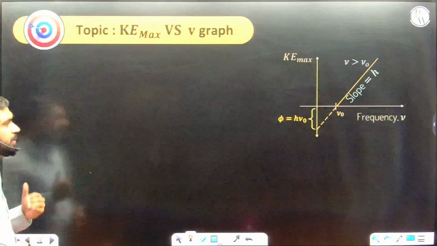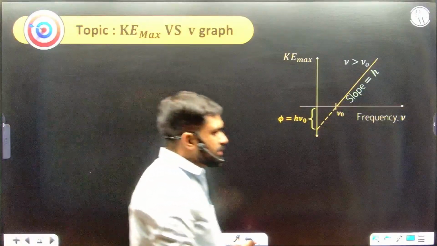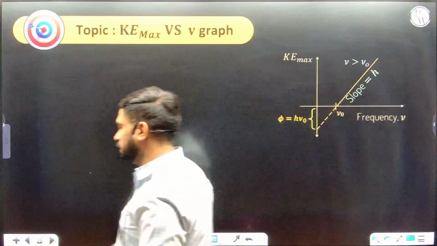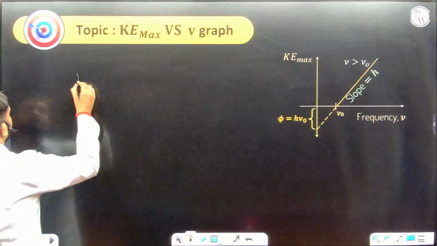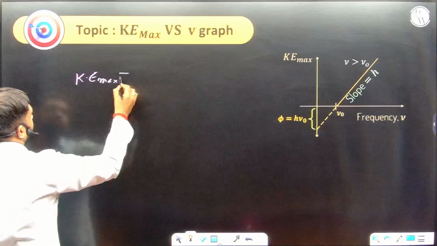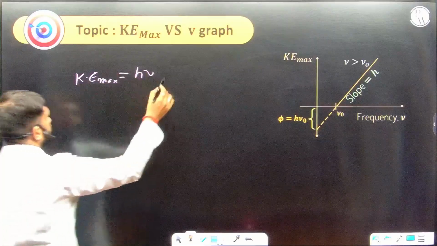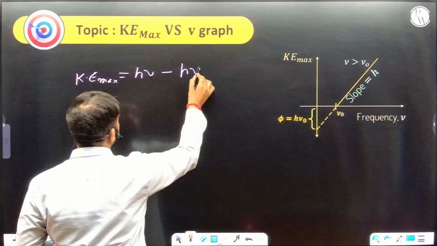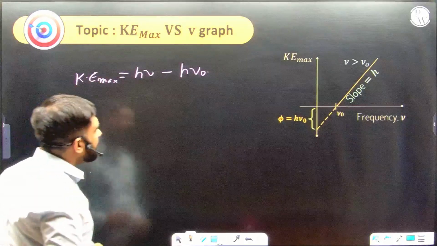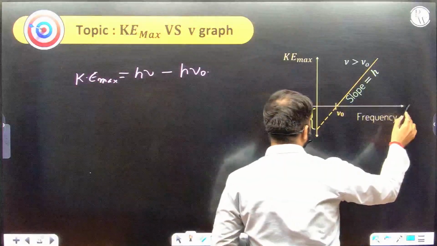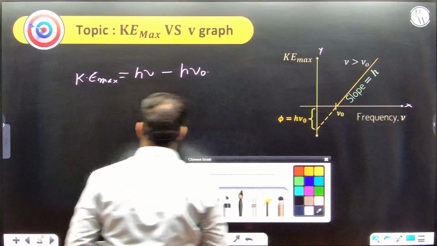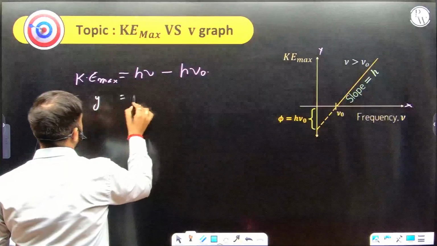The graph between K max and the incident frequency. If I write Einstein's photoelectric equation in a particular format, you see here K max is h nu minus h nu naught, which is the work function. So this is on the y-axis and nu is on the x-axis. This is basically the graph of y equals mx plus c.